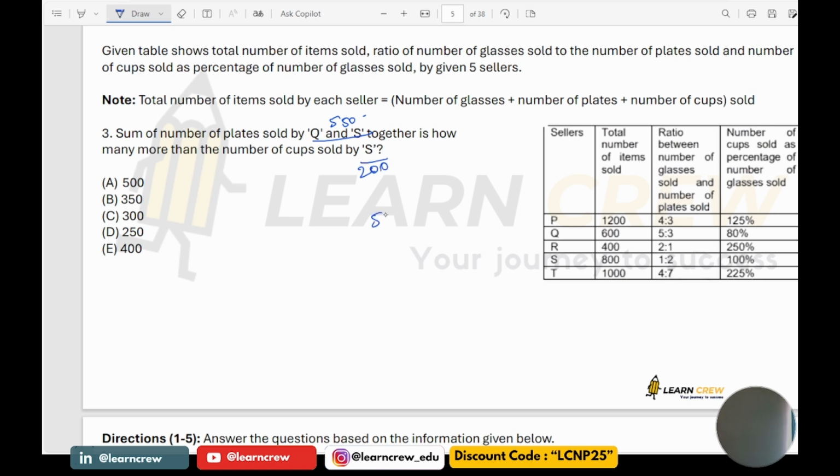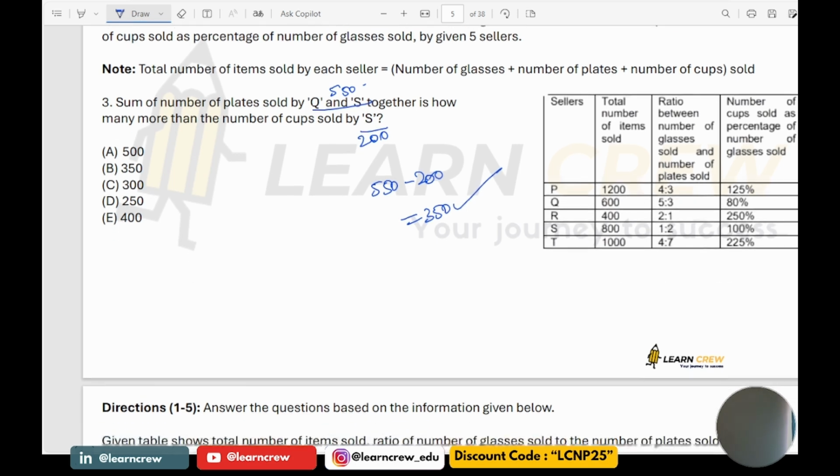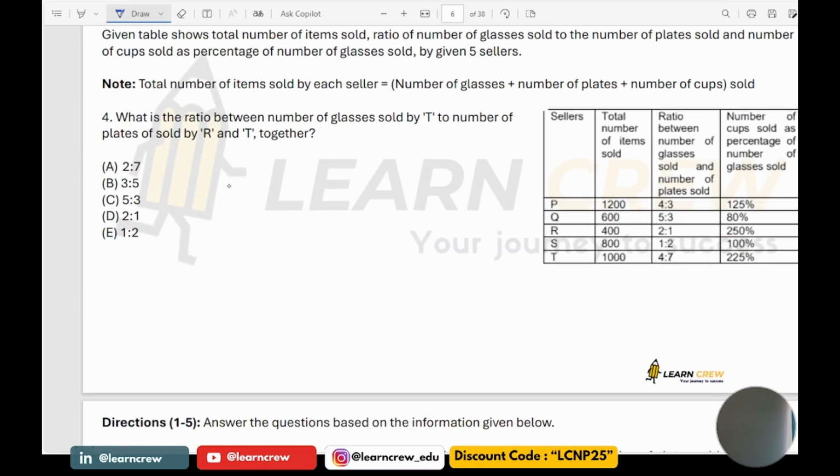So 550 minus 200 is 350. So 350 is the answer. Next one: what is the ratio between the number of glasses sold by T to the number of glasses sold by R and T together? It is 200 is to 50 plus 350, so 200 is to 400, which is 1 is to 2. So the answer is 1 is to 2.